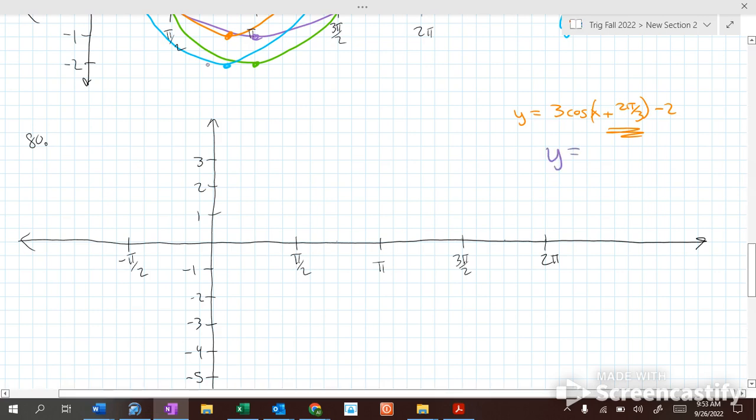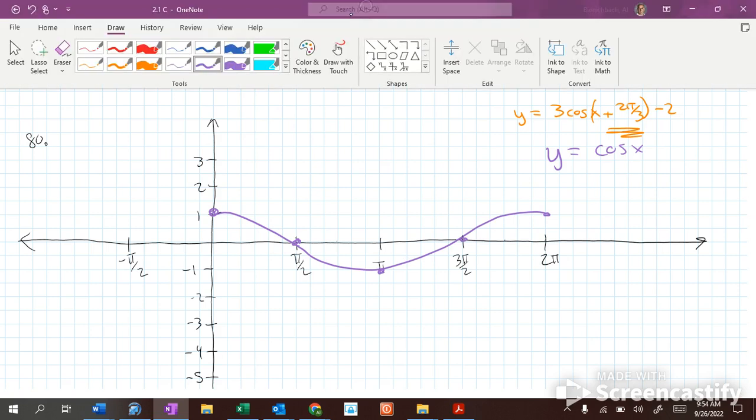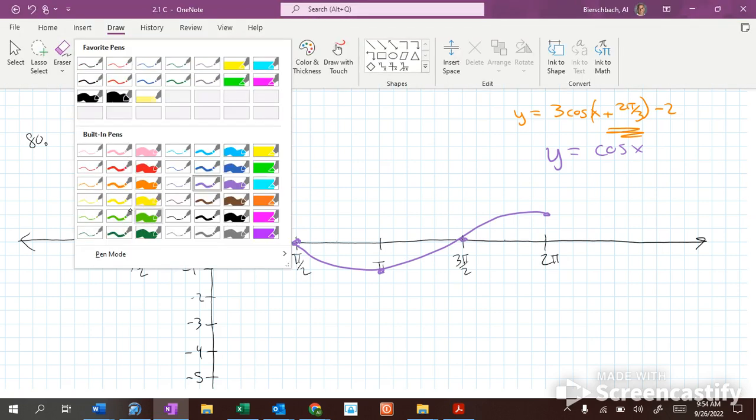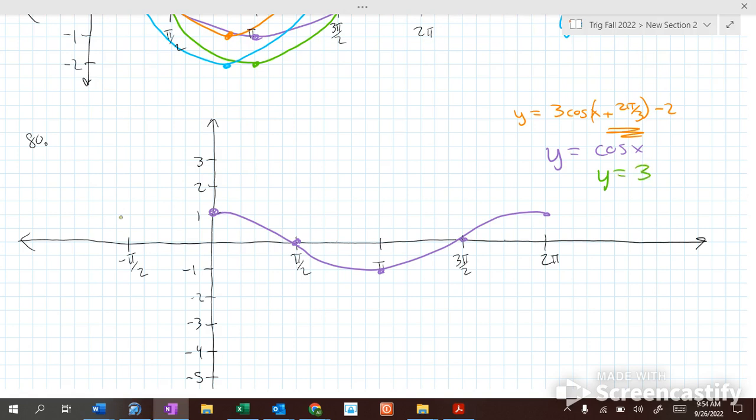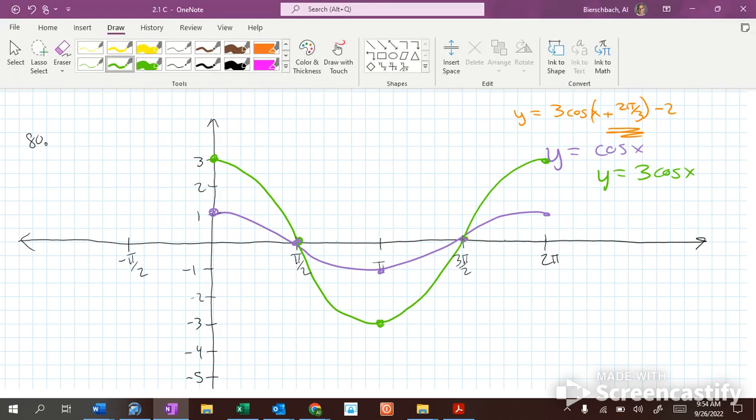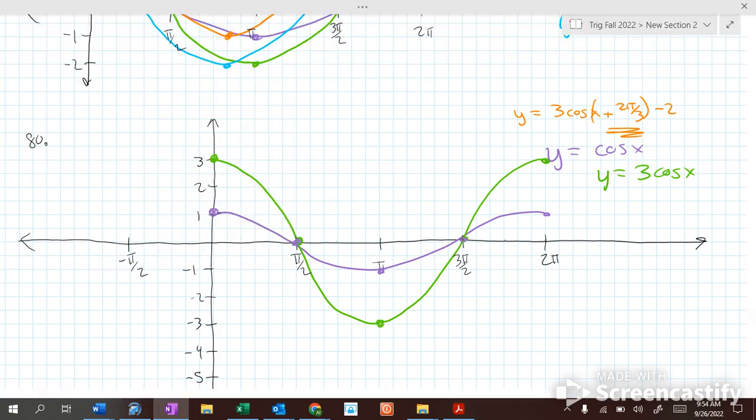Okay, so when you do this, kind of look ahead and say, ooh, what's going to happen to my graph here? So y equals cosine of x is first 1, 0, -1, 0, 1. And then y equals 3 cosine of x. 3, 0, -3, 0, 3. And then another color.